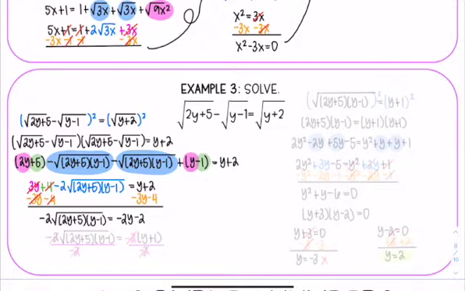And so actually on the right hand side, we can factor out a GCF. We can factor out a negative 2, and I'm left with y plus 1. Well, we're going to isolate the radical just a little bit more. We're going to divide both sides by negative 2.